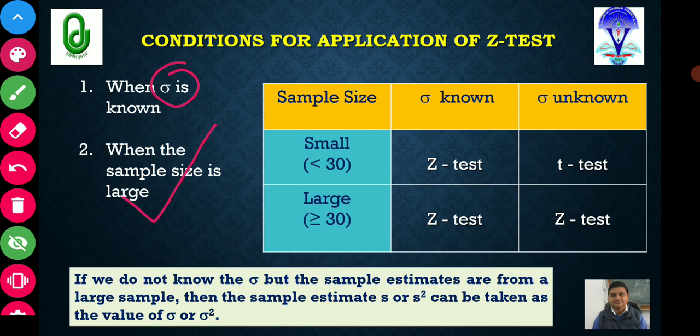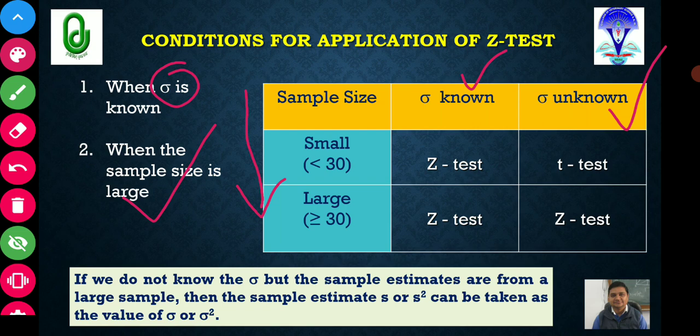Here you can see from this table, in the first column, it is given sample size. Sample size has two portions: small sample, that is less than 30, and large sample, when sample size is more than 30. And another two conditions: when population standard deviation is known and when population standard deviation is unknown.